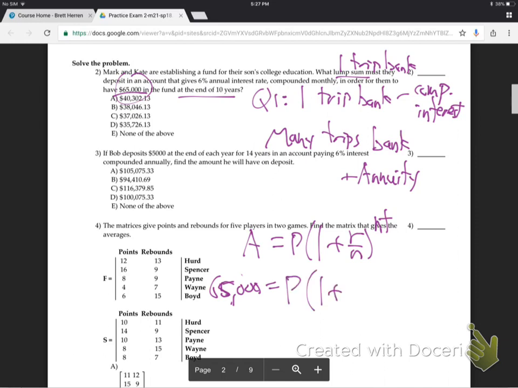The interest rate is 6%. The n is how often it's compounded, monthly, so n is 12, and the time is 10 years. So there we go. You just solve that formula for P, and use your calculator to do that. And the P will turn out to be answer D there. All right, let's move on.